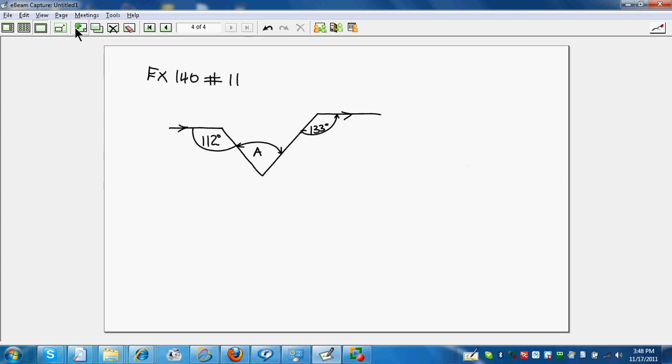Okay, so we're looking at exercise 140, number 11 now. And we have to find angle A. So again, my procedure is to extend the parallel lines. And you could even give them titles so you know what we're talking about.